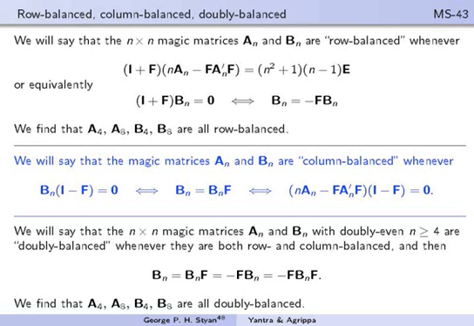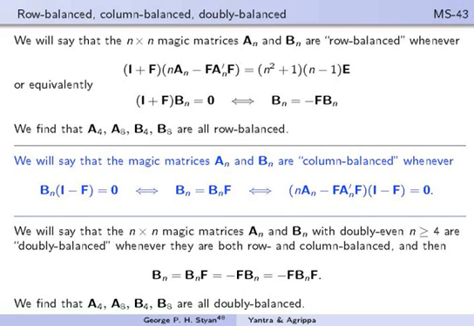And we will say that the n by n magic matrices An and Bn, with doubly even n greater or equal to 4, are doubly balanced whenever they are both row and column balanced. So if you flip the columns, you get the same matrix back again. If you flip the rows, you get the same matrix with a sign change back again. And we find that A4, A8, B4, and B8 are all doubly balanced.